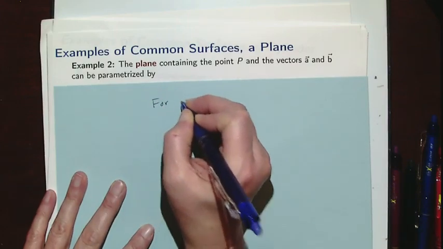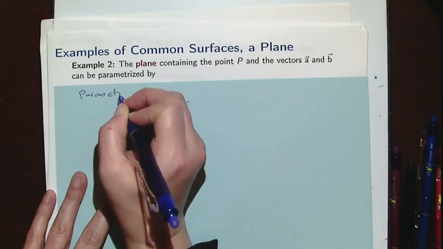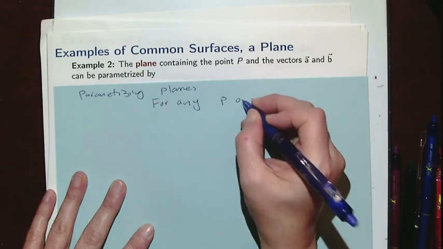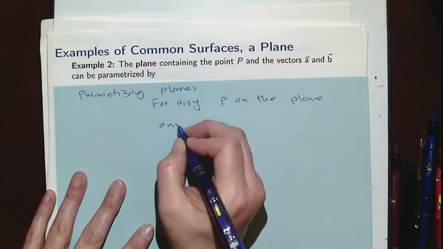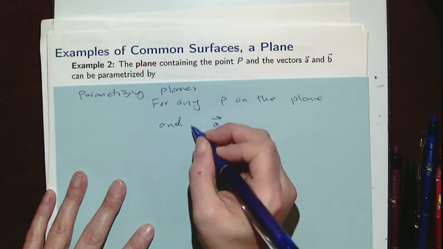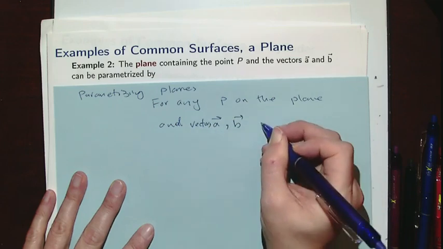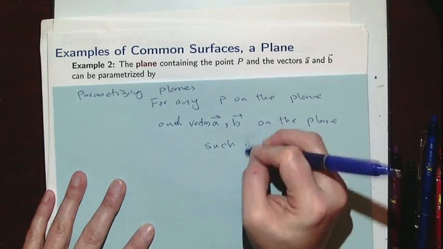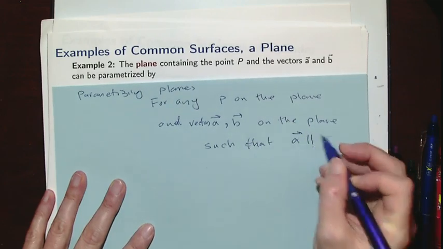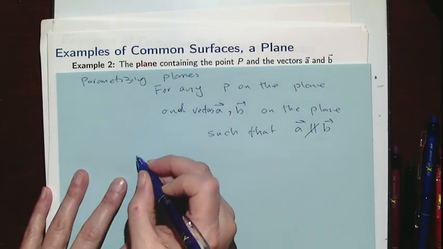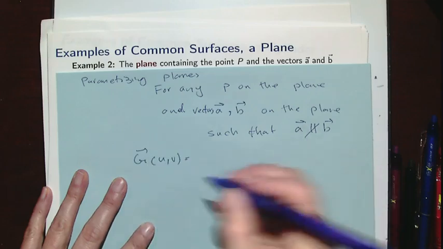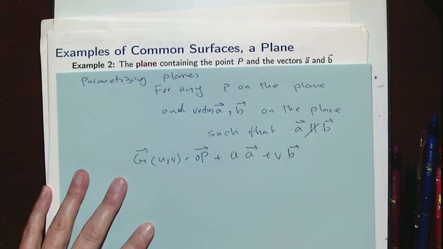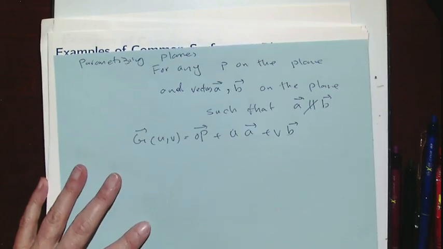For any point P on the plane and vectors A, B on the plane, such that A is not parallel to B, I can parametrize the plane using this: G of U and V is equal to OP plus U times A plus V times B. Right? So give me two vectors that are not parallel.